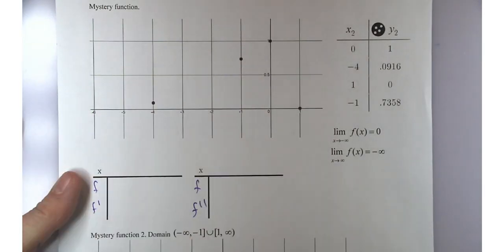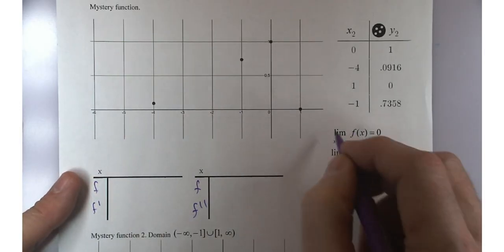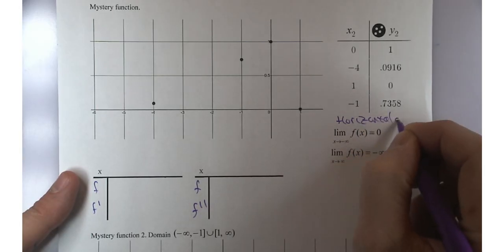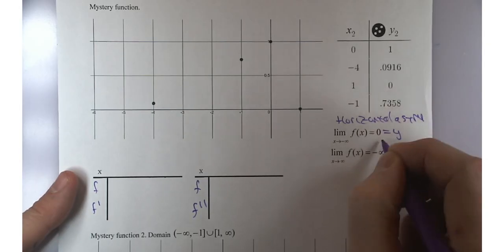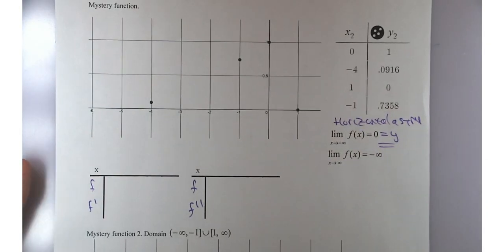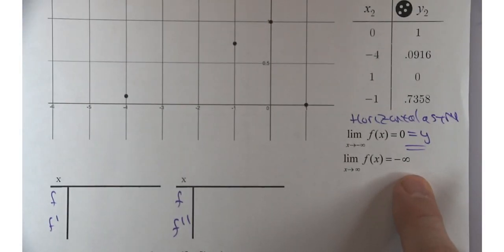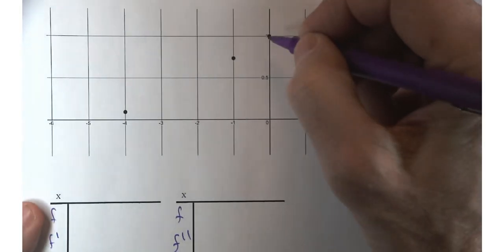So eventually this is going to have a horizontal asymptote of y equals 0. That's what that's telling you. Am I going to get a horizontal asymptote of y equals 0 in the other direction? No, it's going towards negative infinity in the other direction. So it kind of seems like this thing just plummets right here.